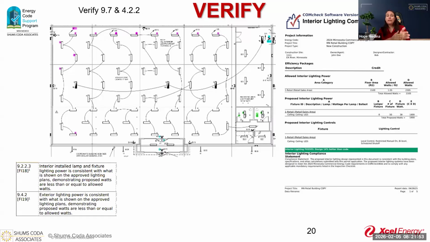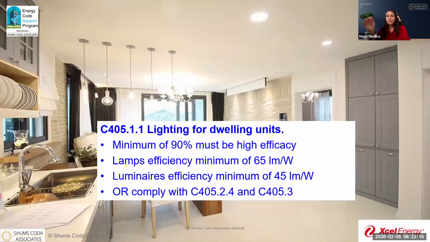So that's something that I would do. But I've had plenty of times where they're showing I'm going to have 8 different types of lights. And once you start adding up all those additional ones, they're too close. They go over. Those will get written up every single time.